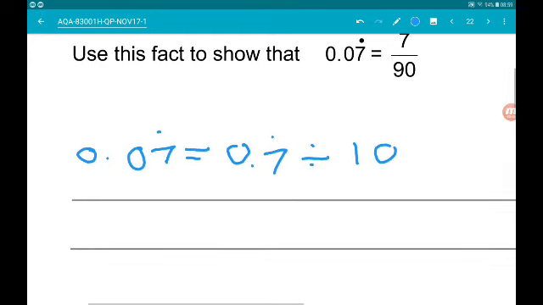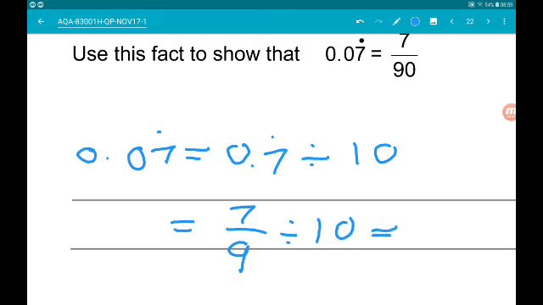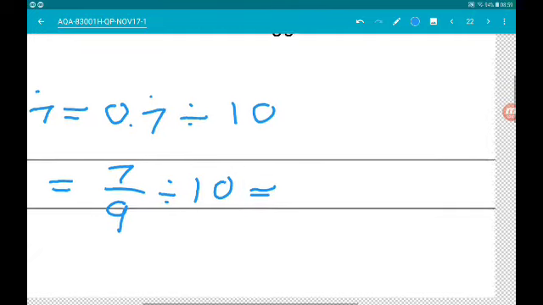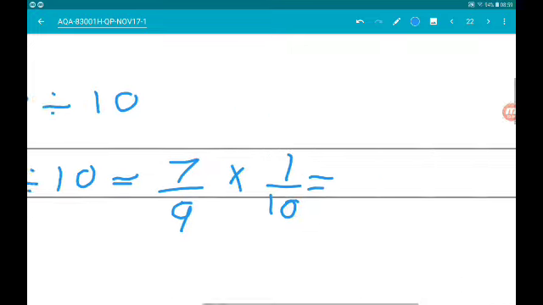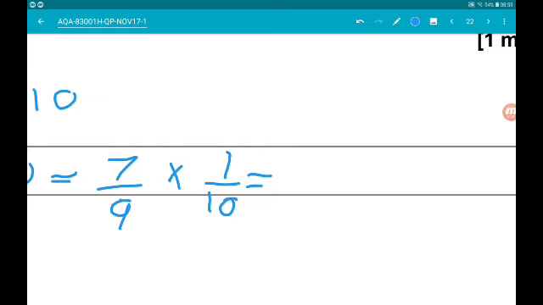Now that means it's 7/9 divided by 10. Which means, if you're dividing by 10, that's the same as multiplying by 1/10. And then when you multiply fractions, you do the top times the top over the bottom times the bottom. So 9 times 10 is 90. Cool.